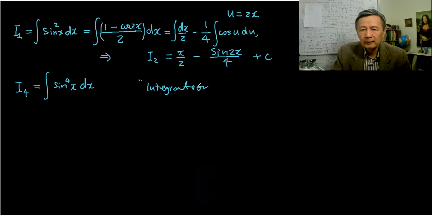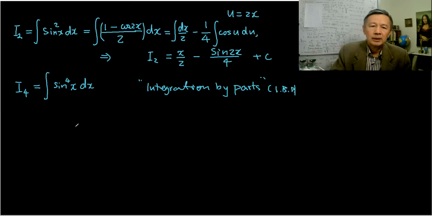Integration by parts, or just called IBP. How do we do that? The first step is to select what is u and v, the new variables.